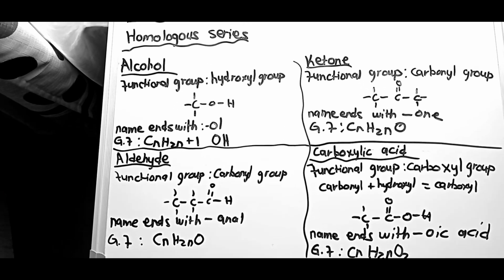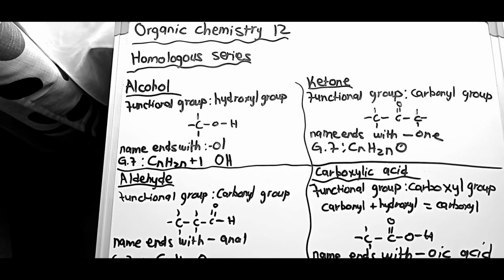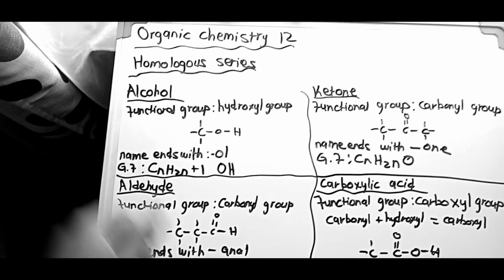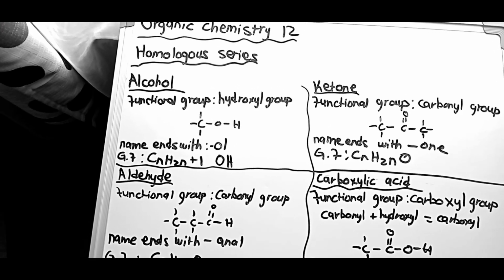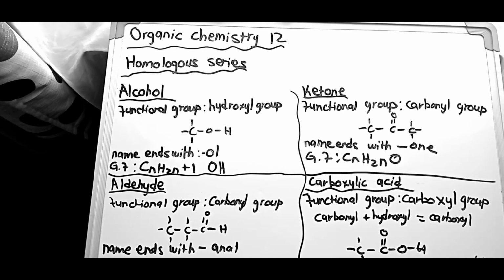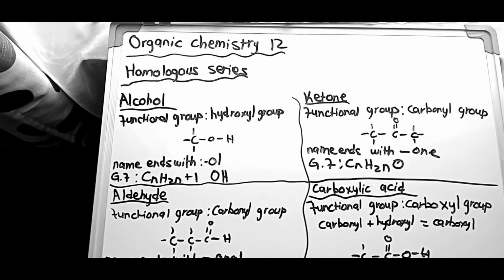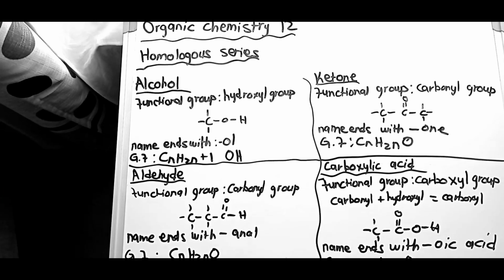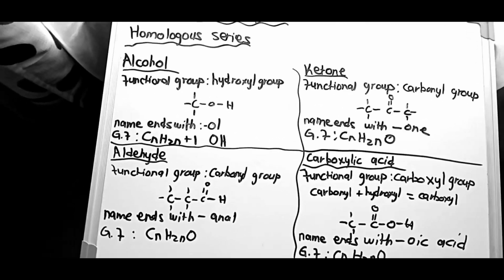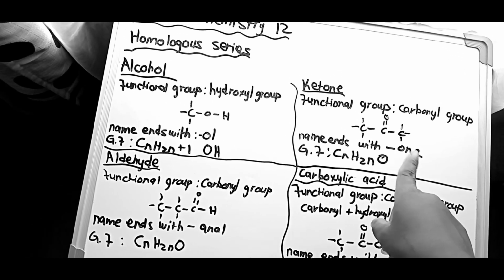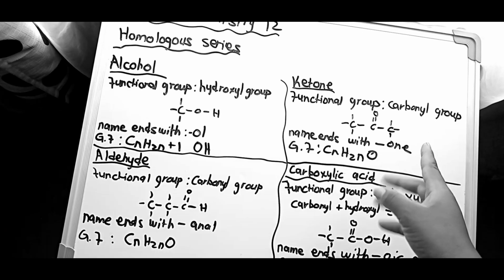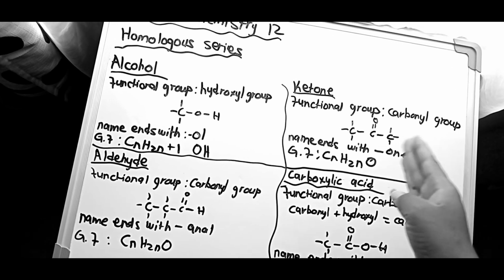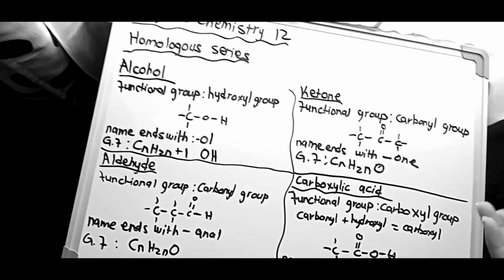The functional group for the ketone, I beg your pardon, is the carbonyl group. Ketone is different from other homologous series because the double bond of oxygen is always bonded with two other carbons, right, on either side.